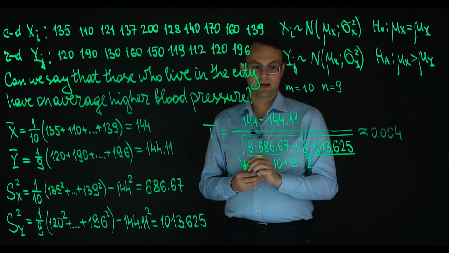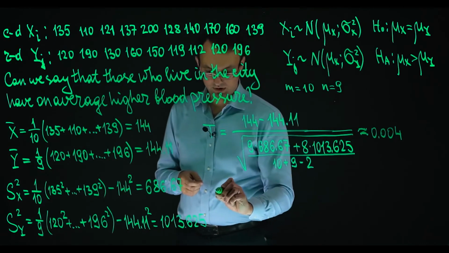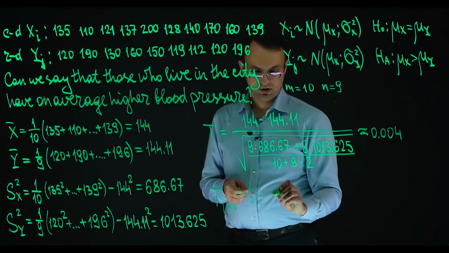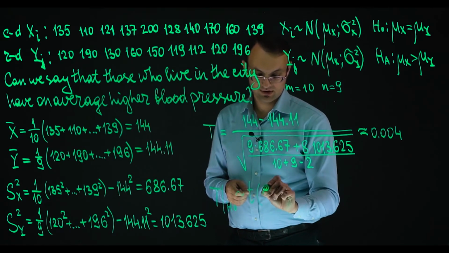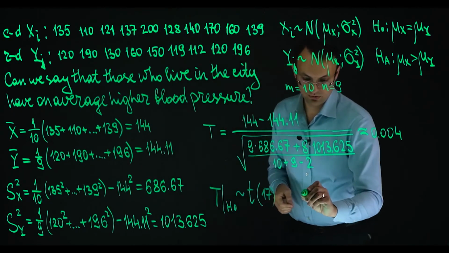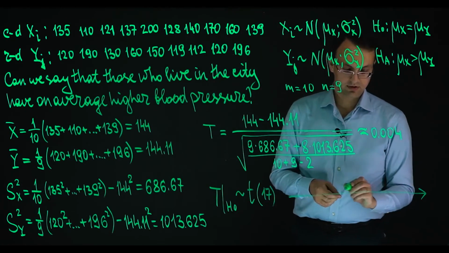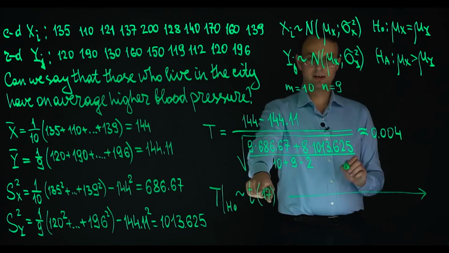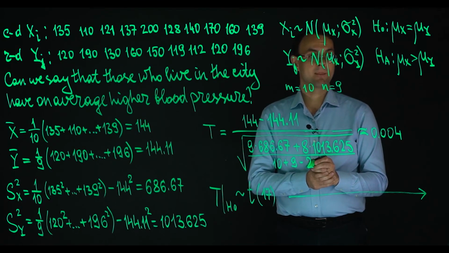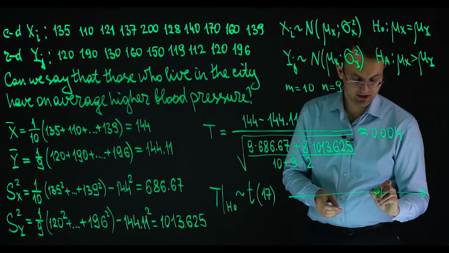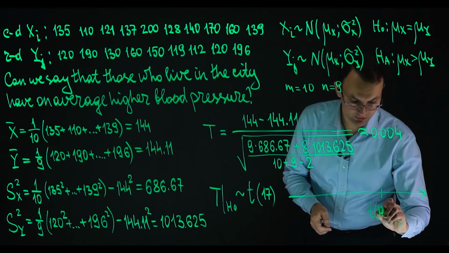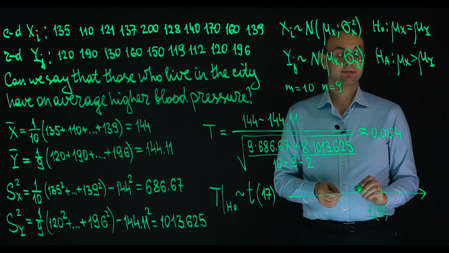So then we know that under the null hypothesis, t follows Student's distribution with 10 plus 9 minus 2, that is 17 degrees of freedom, and we construct the acceptance region and critical region with the quantile of this distribution. So the quantile is the quantile of the Student's distribution with 17 degrees of freedom of the level 1 minus alpha.